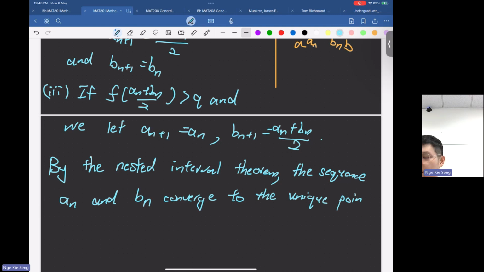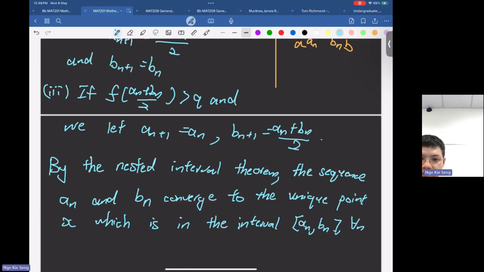This is what we proved last time: if you have a nested interval which converges, it converges to some point in the interval [a_n, b_n] for every n.